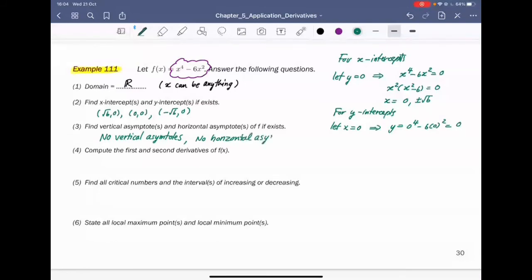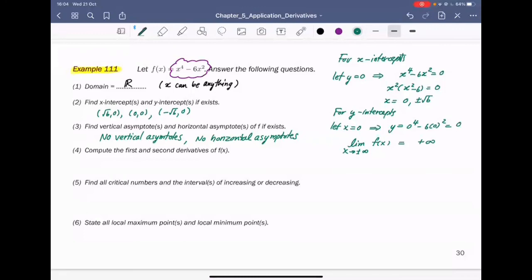The next example, we're going to have a problem with asymptotes. But here we don't, because if you take the limit of f(x) where x goes to plus or minus infinity, this is going to give you plus infinity. It doesn't give you a real number L. So no horizontal asymptote, right?